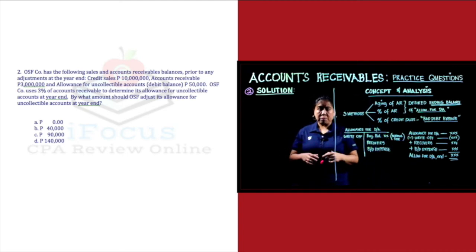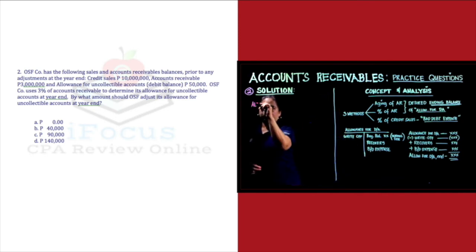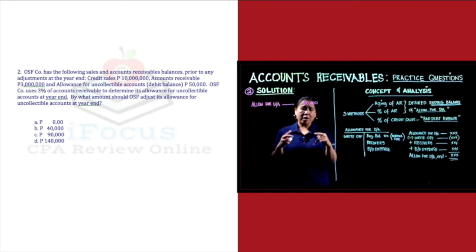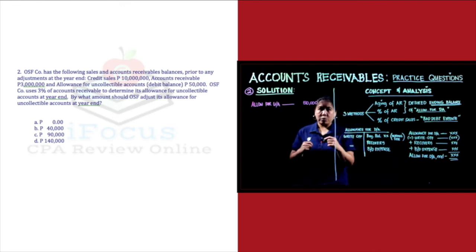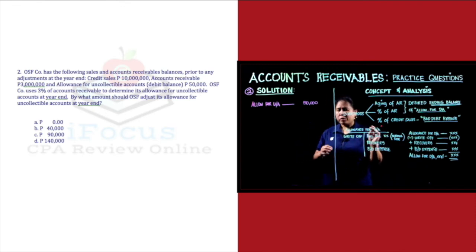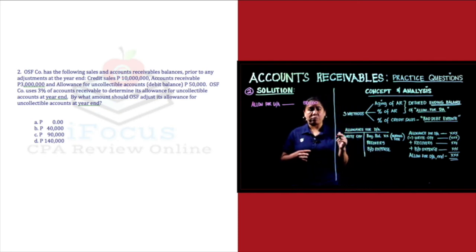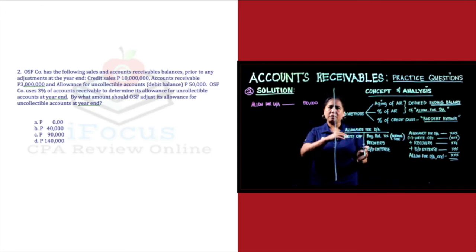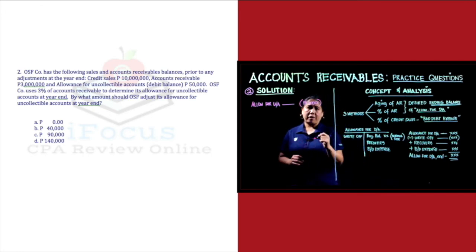To solve this problem, mag-uumpisa tayo sa unadjusted balance ng ating allowance for uncollectible accounts. Ang allowance for doubtful accounts or allowance for uncollectible accounts normal balance is supposed to be on the credit side. Dito sa problem na ito ay debit balance ang ating allowance for uncollectible accounts. So, ang ibig sabihin, dahil nasa debit side ang balance niya, ima-minus natin yan.